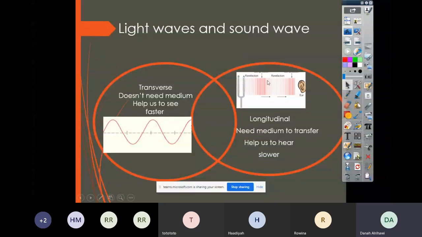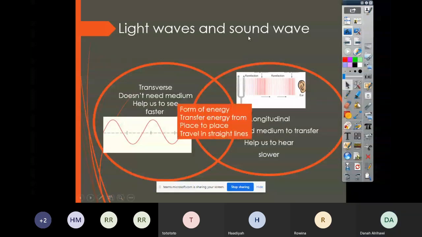Without a medium, it cannot transfer. But the light can. That's how the sunlight reaches the earth, even through space, while the sound cannot transfer without a medium. That's why in space, astronauts use special devices in their helmets to talk and to hear the others.